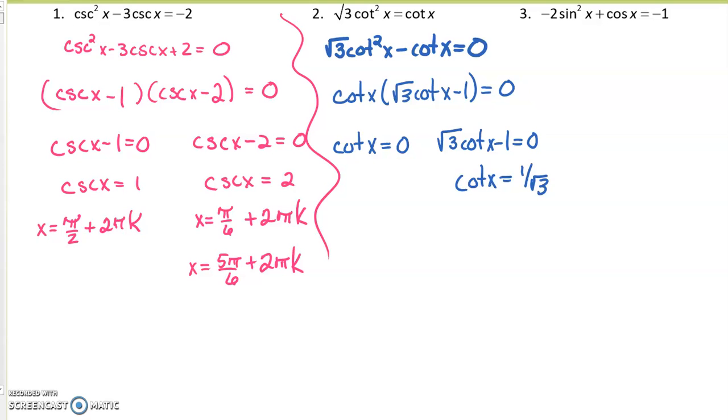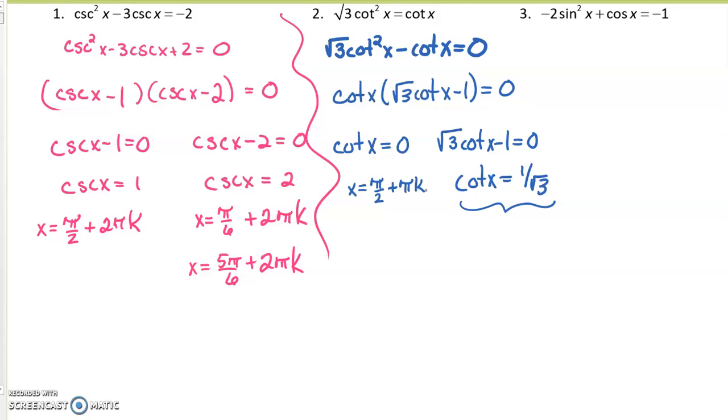And so you might want to think about a 30, 60, 90 to help you with this one. So cotangent is going to be 0 at pi over 2. However, it's going to be 0 again at 3 pi over 2, so I don't have to write two equations. I could write that as x equals pi over 2 plus pi k.